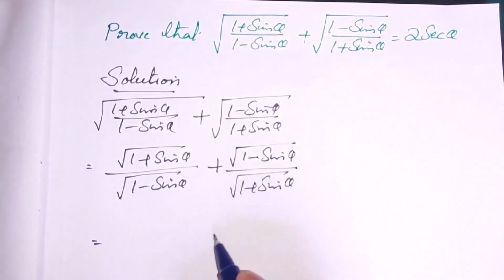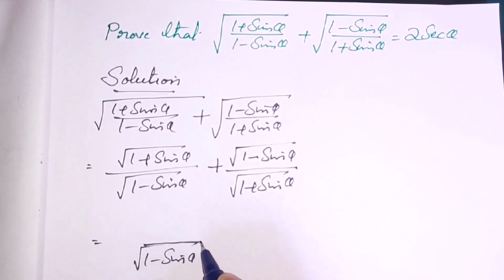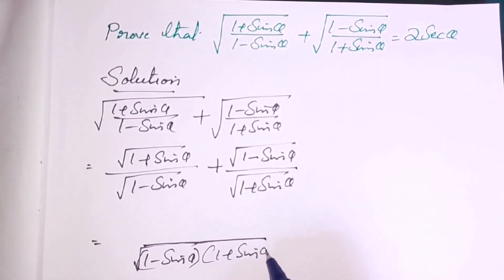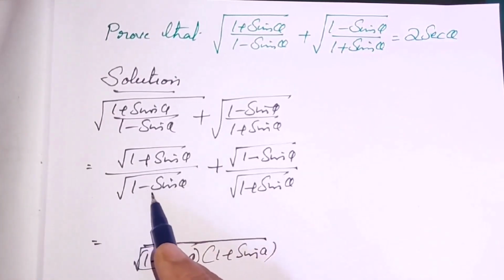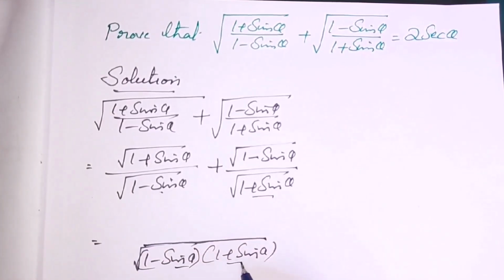Now, root of 1 minus sin theta, I am writing in a bracket, okay? A single bracket, single square root. That is root of 1 minus sin theta into 1 plus sin theta, because this is the LCM. Root of 1 minus sin theta into 1 plus sin theta. So 1 minus sin theta, 1 plus sin theta, I am writing like this.